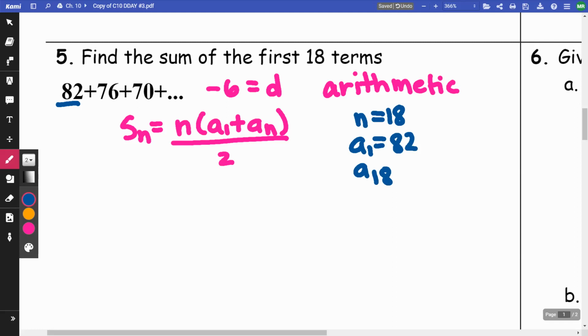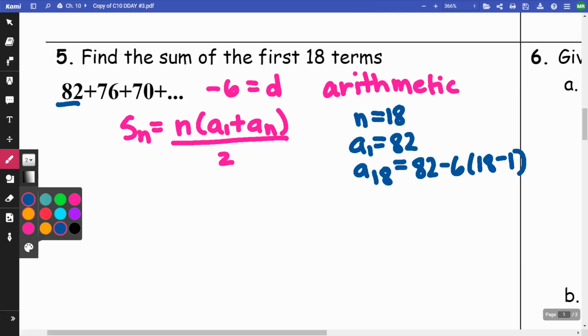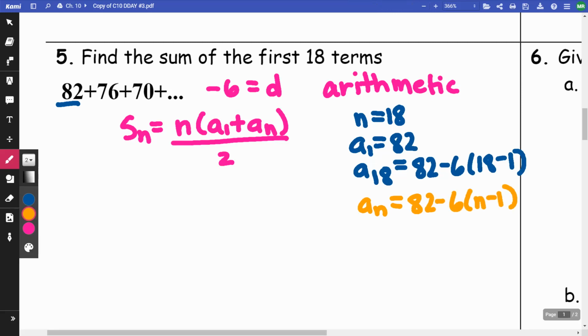So in order to find a sub 18, I am going to come up with an equation. So my 18th term, I would take 82, and I'm going to be minusing 6, 18 minus 1 times, because this equation would have been 82 minus 6 times n minus 1, and I want the 18th term. And when I put that into my calculator, I end up with a negative 20.